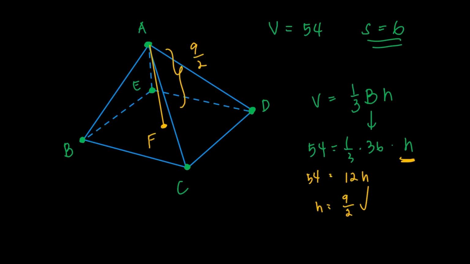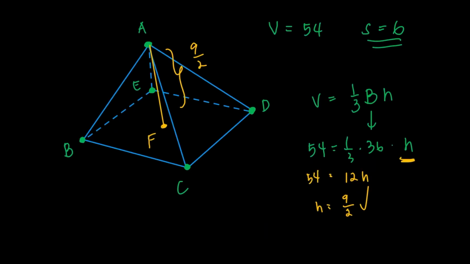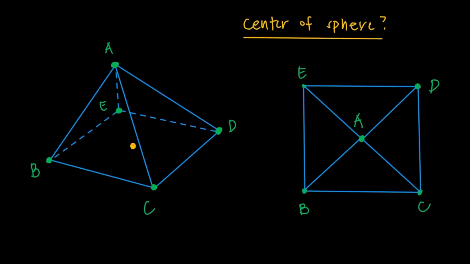Okay, I don't know how to use it yet, but let's try to go back to the question. That's not really the question. We have a sphere where the 5 vertices are on. So we might want to figure out where the center of the sphere is, just to visualize or grasp this figure a little bit better.